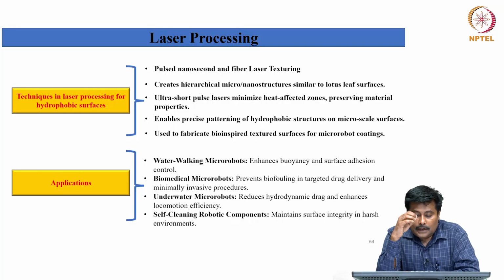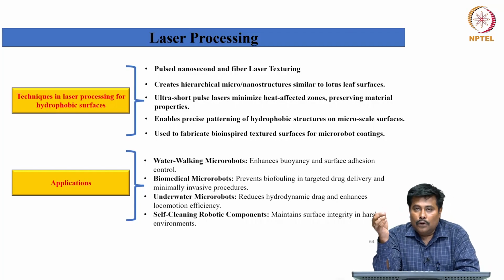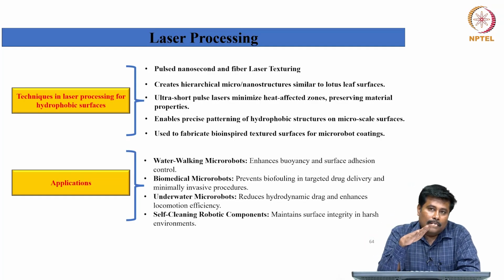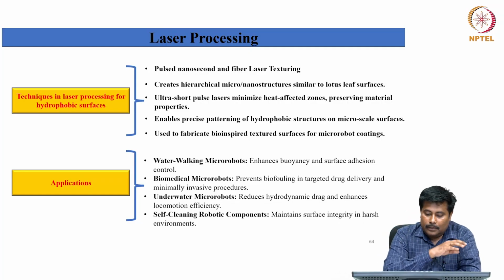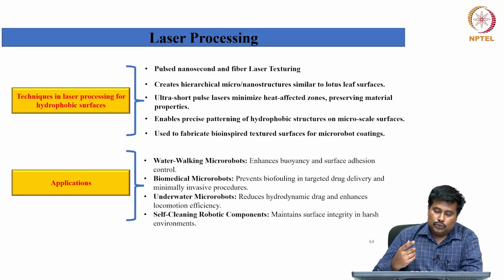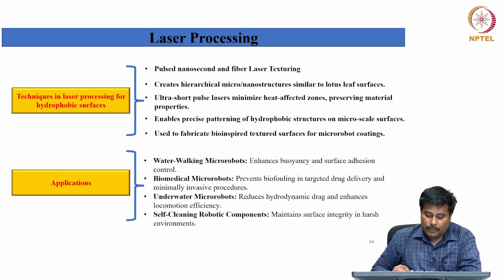It can also create hierarchical micro and nano structures similar to a lotus leaf structure. An ultra short pulse laser minimizes the heat affected zone, which can be used for preserving the material property. It also enables precise patterning of hydrophobic structures on microscale surfaces, and it is also used to fabricate bio-inspired textured surfaces for hydrophobic coating.